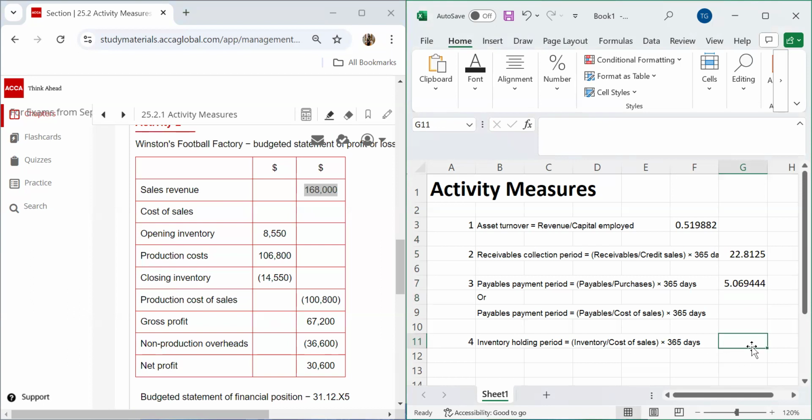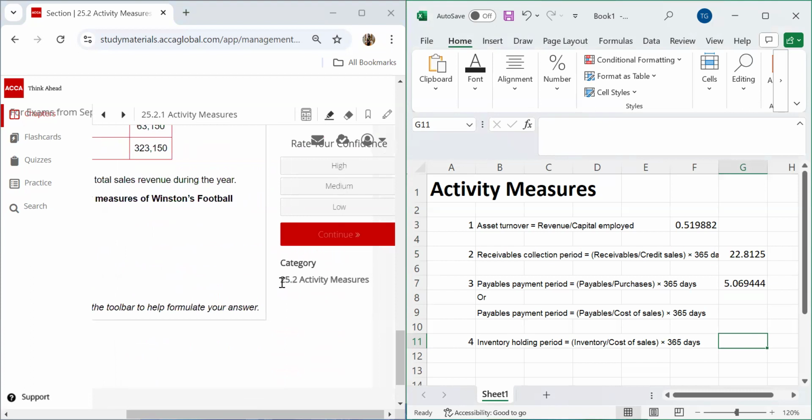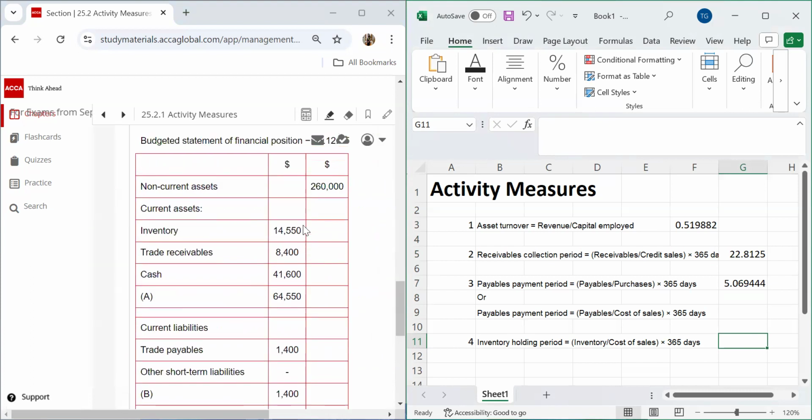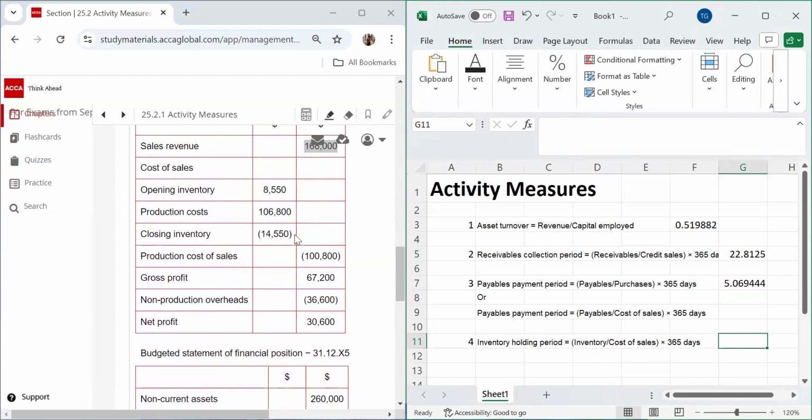So the formula that you see is inventory divided by the cost of sales. So let's see if we are given the inventory. Your inventory is the closing inventory. All right. So you pick your closing inventory from here, which is given to be 14,550. This needs to be divided by the cost of sales. We just found out it was 100,800.